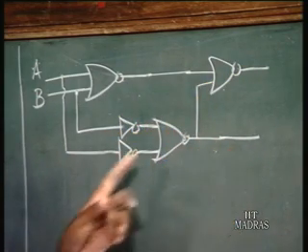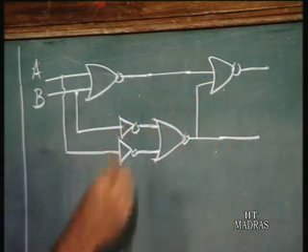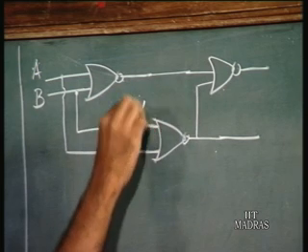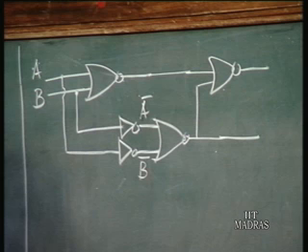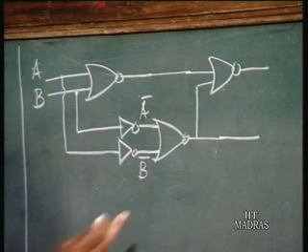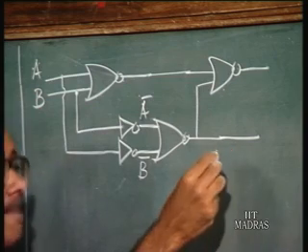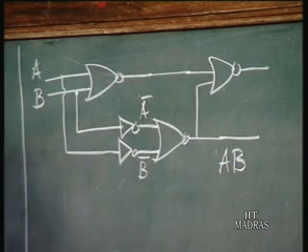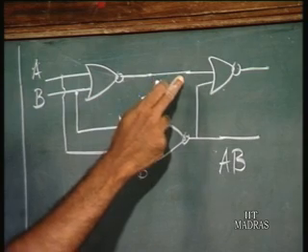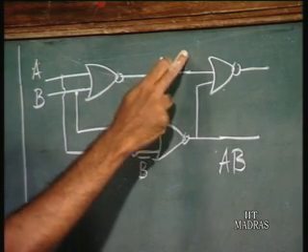If here you have A bar and B bar, and if you take the NOR of A bar and B bar, you have here AB. This is AB, and here you have actually A bar B bar, isn't it?